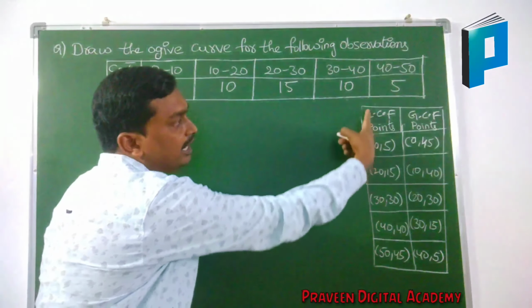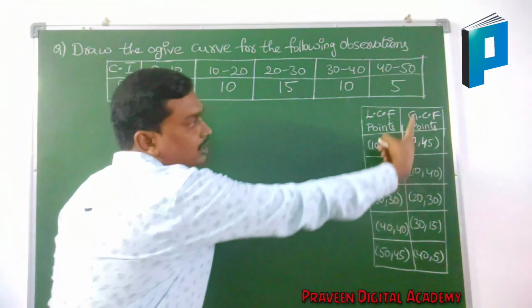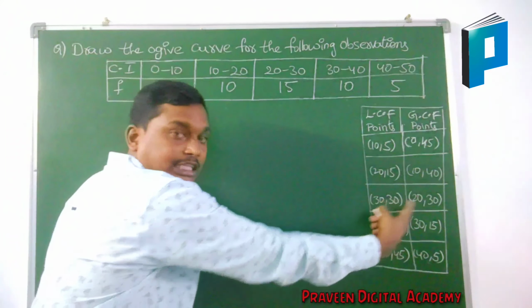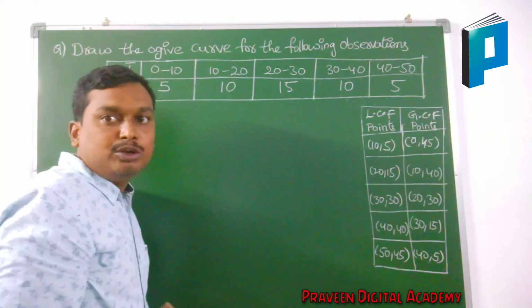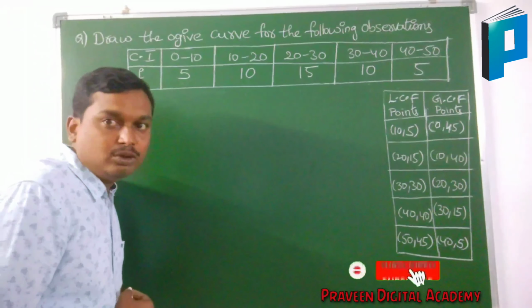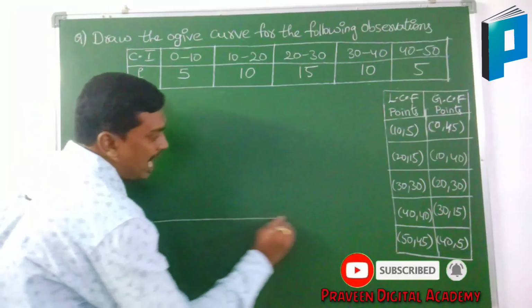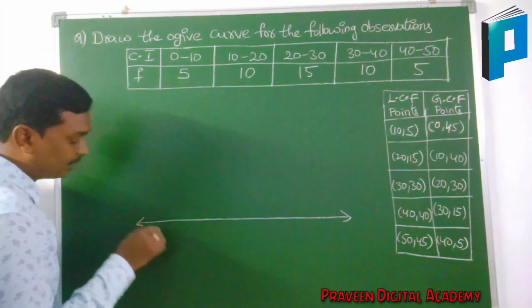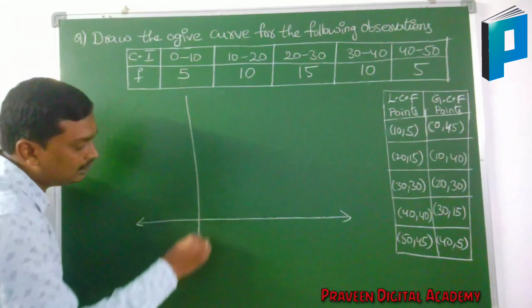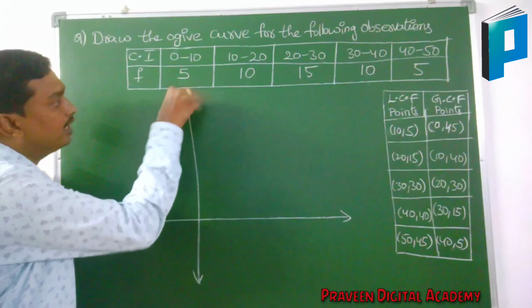Here I wrote all the LCF points and GCF points. These 2 points we will draw on a graph. We know that a graph will have x coordinates and y coordinates.